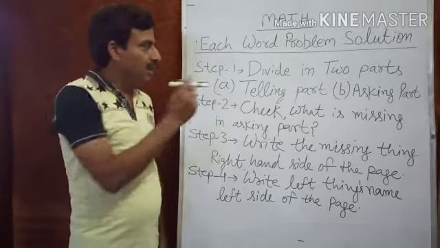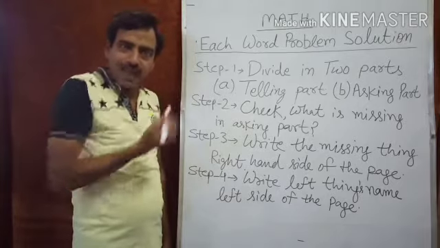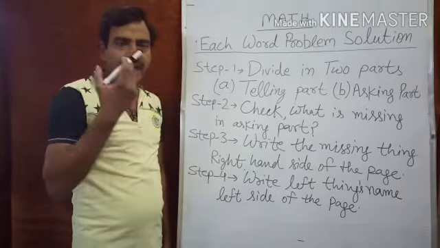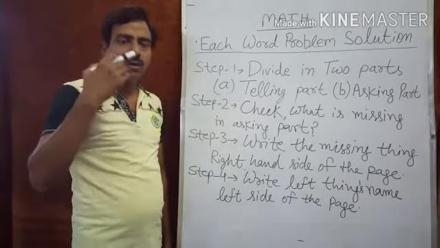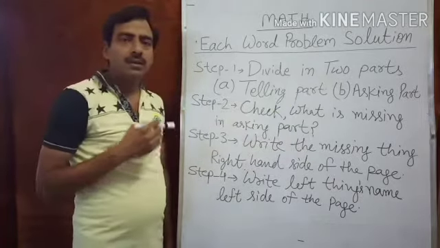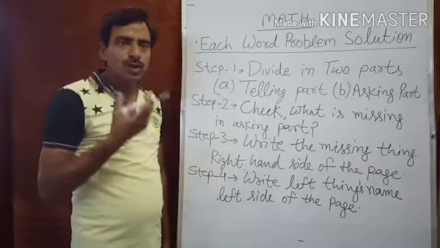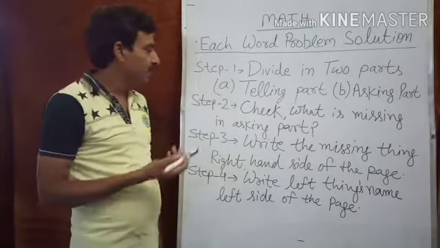The first is the telling part, where the question tells you something about an incident or anything. In the second part, the question asks you, demands from you the solution.